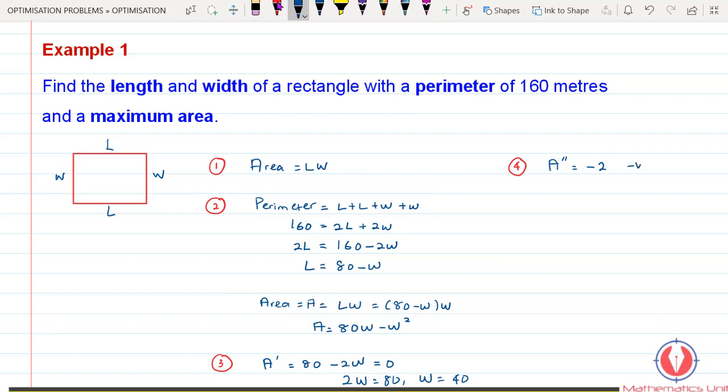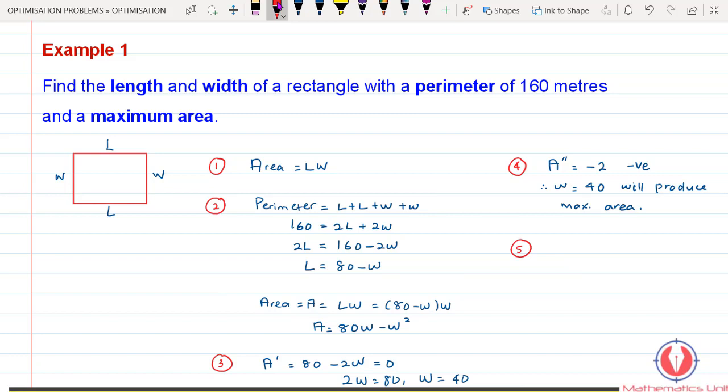This is a negative number. This negative number implies that W equals 40 here will give maximum area. So we can say that, therefore, W equals 40 will produce maximum area.